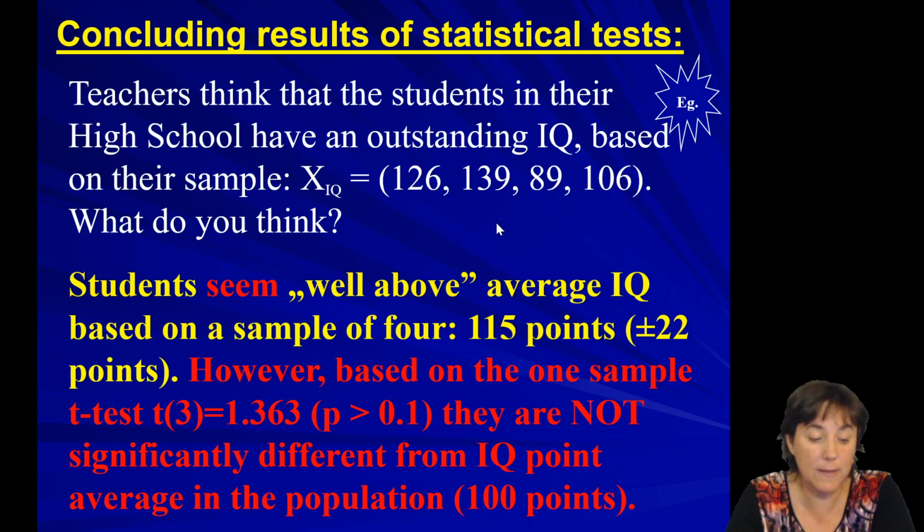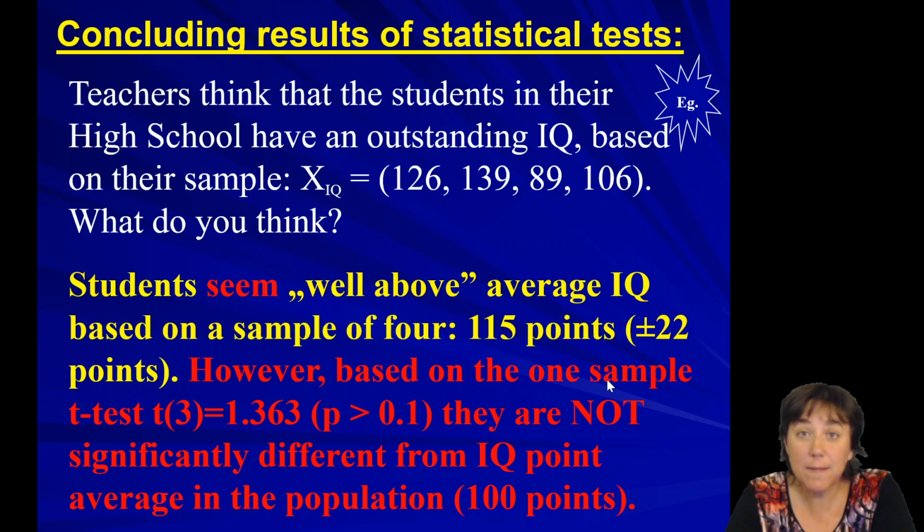Again, the outstanding IQ question. Students seem well above the average, let's give them that, with an average of 115 points plus minus 22. It's a way big standard deviation.